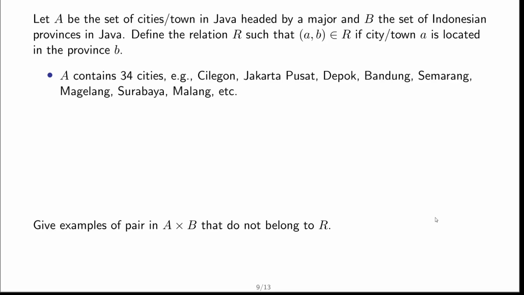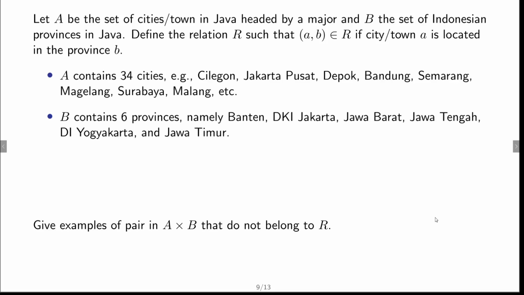Now, how about the set B? B, well, this could be counted by hand, contains 6 provinces, namely Banten, DKI Jakarta, Jawa Barat, Jawa Tengah, DI Yogyakarta, and Jawa Timur. Now, to define a relation R, let's define the Cartesian product of A times B first.